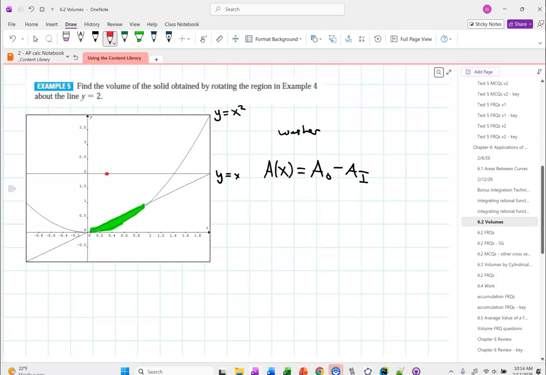So the center of that figure was the line y equals 2, correct? And the outer function would have been this one on the bottom, y equals x squared, right? Is everybody visualizing what I'm talking about? This distance is 2. This distance is the y coordinate at that point, right?